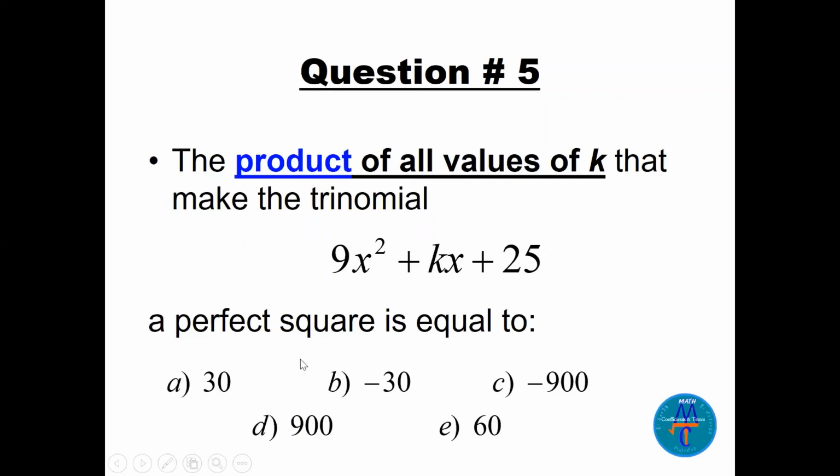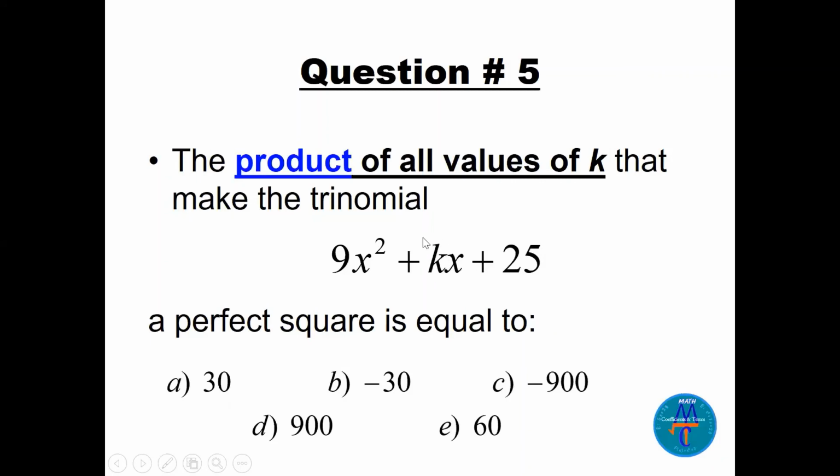The perfect square, if you remember, it's something like a plus b all squared. See this one here, 9x squared, I can make it 3x all squared. 25, I can make it 5 squared. So what do you think this number here in the middle?